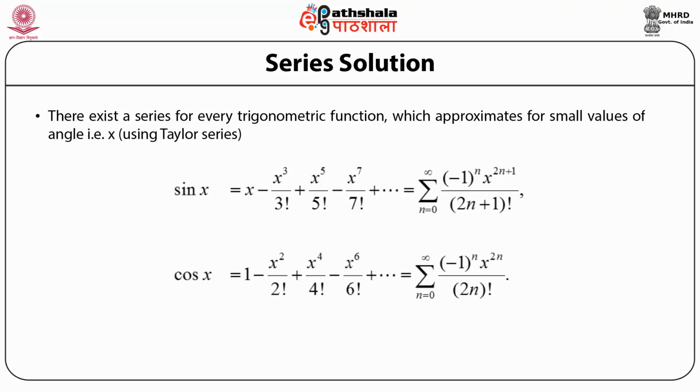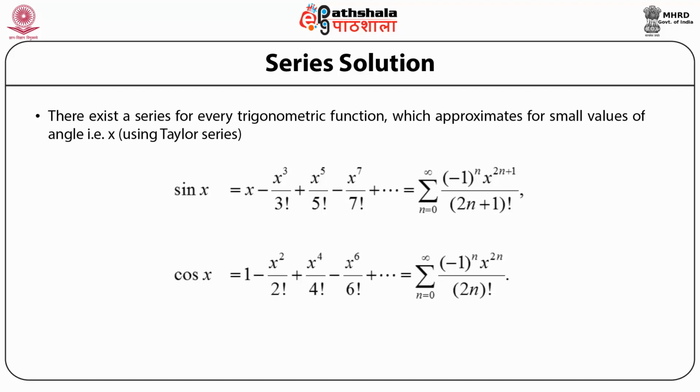In other words, you want to write it as a small quick formula. You can also write it as summation n is equal to 0 up to infinity, minus 1 raised to the power of n, x raised to the power of 2n plus 1 divided by 2n plus 1 factorial. You can also write cos x similarly, but with a slight modification.